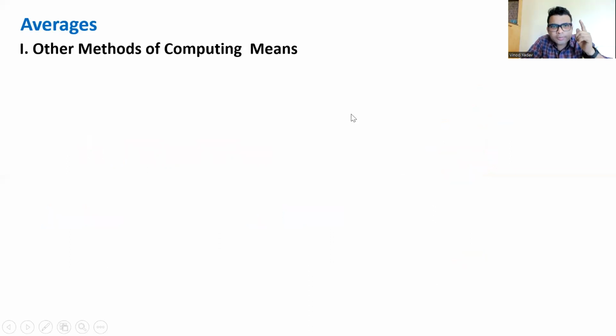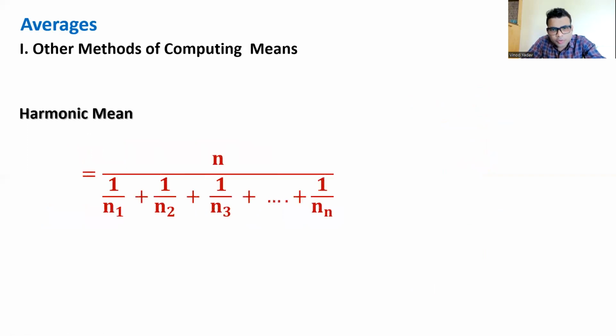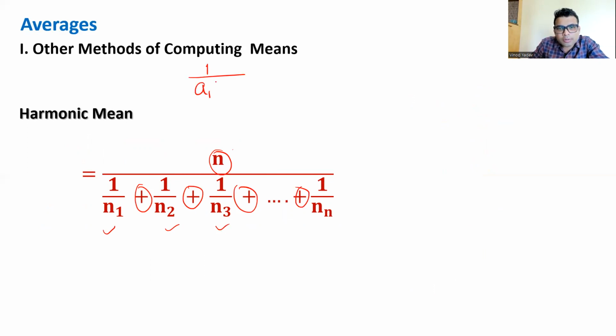And the last one, harmonic mean. The structure is this. Understand the structure? Number of terms in the numerator, and the denominator is the sum of what? Reciprocal of each term. So it is the number of terms upon the sum of the reciprocal of each term.